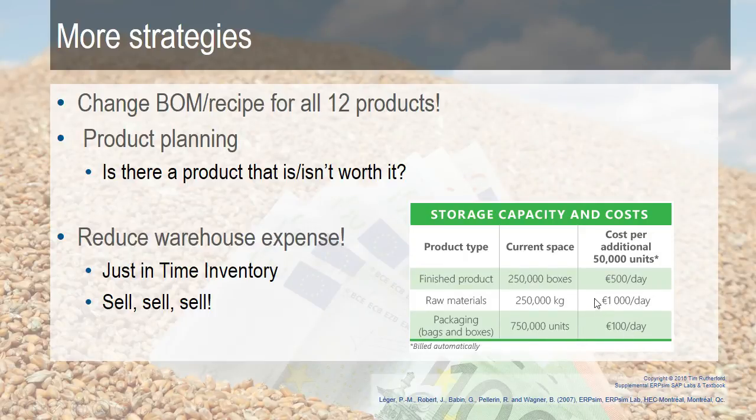If you exceed that, if it's 250,001, it's 1,000 euro a day. 750,001, it's 100 euro a day. The finished products themselves, you have space for 250,000. That's 500 euro a day if you go up to 250,001.